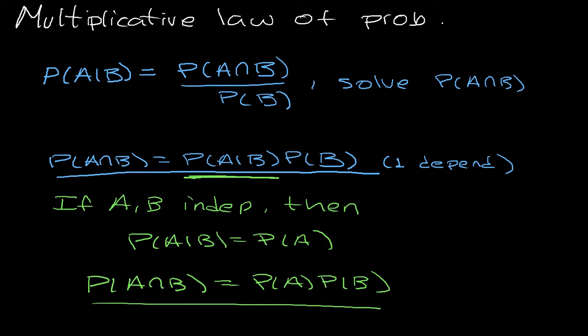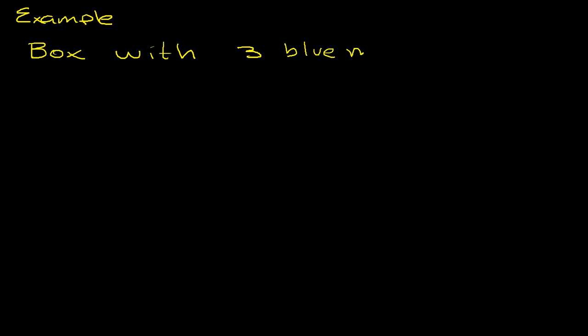So let's see a quick example. Let's work with an example. Assume that we have a box or a bag with 3 blue marbles, 2 red marbles, and 4 yellow marbles.